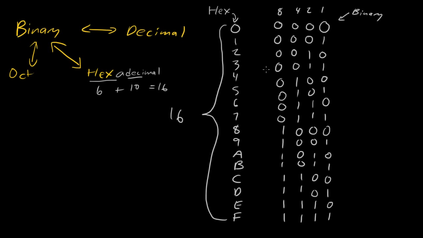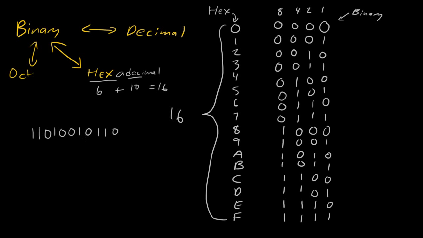Now suppose I have some random number in binary. Suppose I have, say, 1 1 0 1 0 0 0 1 0. Let's just look at this number here. So this is our binary number.